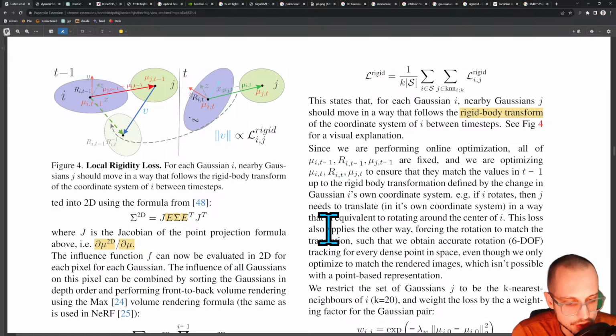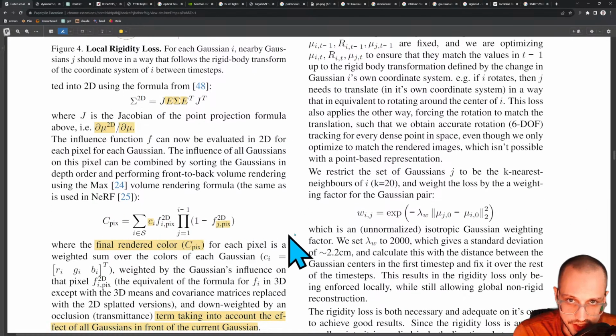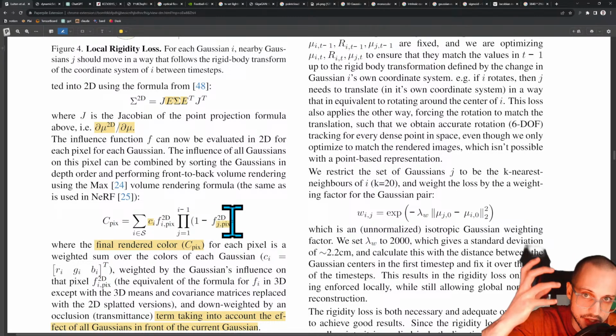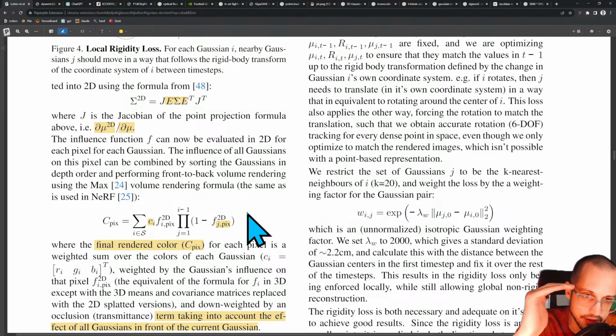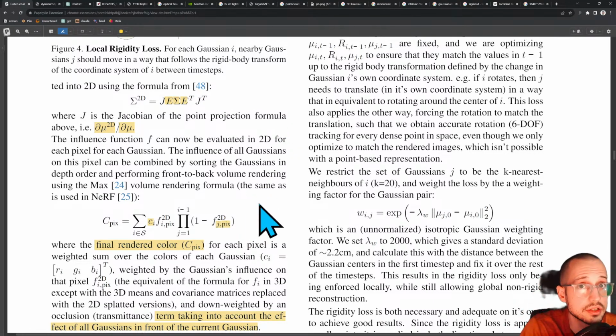And because the reconstructed image is the result of this differentiable rendering, which ultimately is based on this influence function, the difference between the ground truth image and the reconstructed image has gradients going through that rendering function, and then into each of the Gaussians.